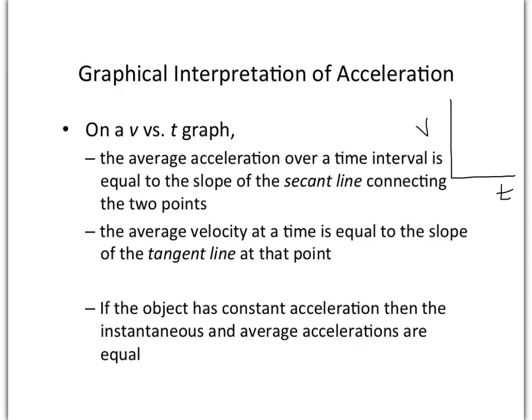And let's just say that we have a change in velocity over time, like that. So if we were to get the average acceleration, then the average acceleration would be the secant line between, say, that point and that point right there.